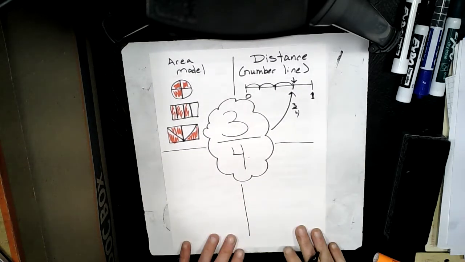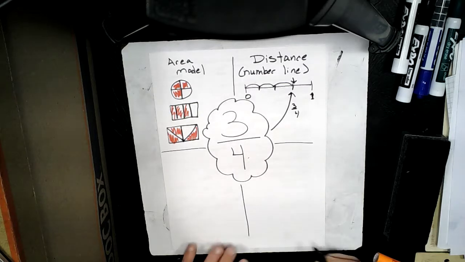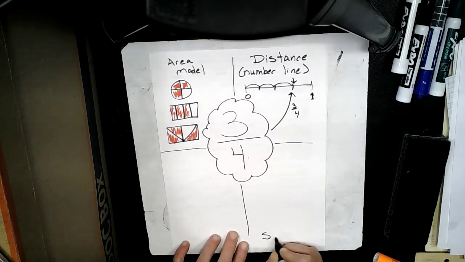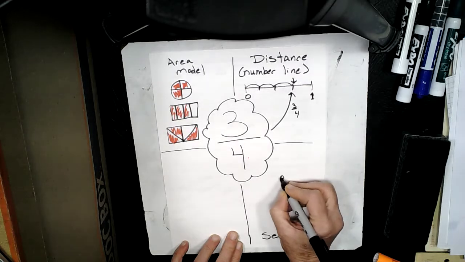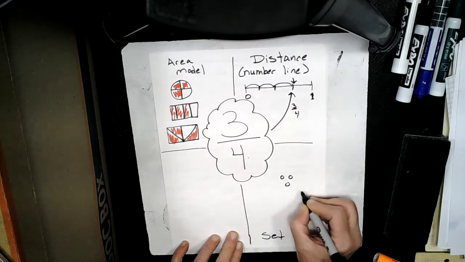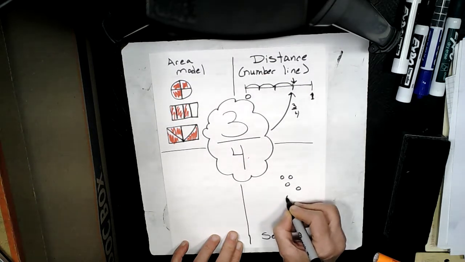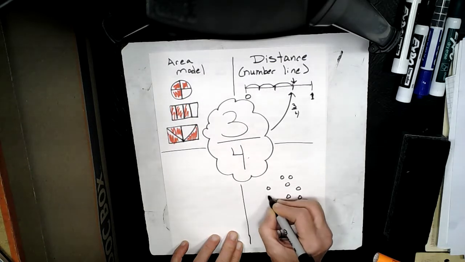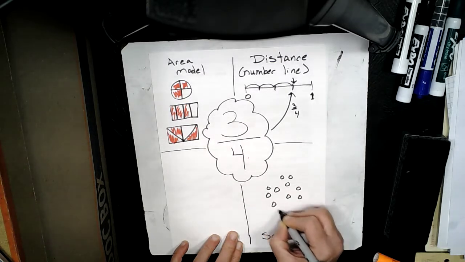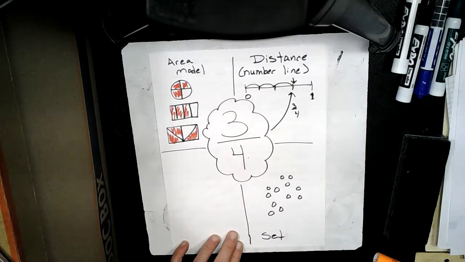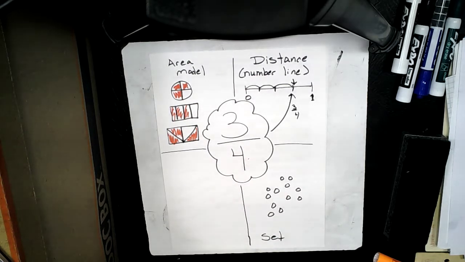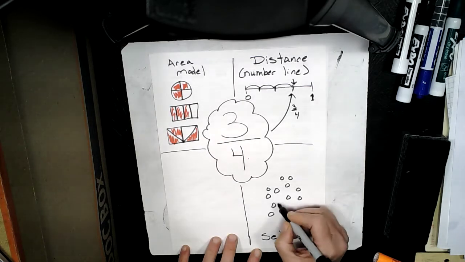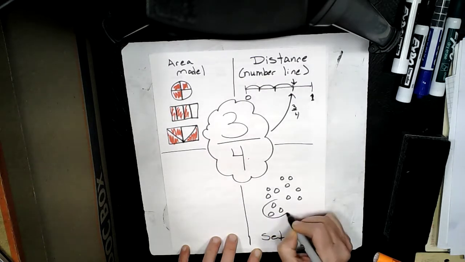Another way you might see fractions represented, or certainly should understand them, is as a part of a set. So, what do I like? I like Skittles. Right here I've got 12 Skittles. And let's just say that 3/4 of them are orange Skittles. So we've got to figure out what's a fourth out of those 12.